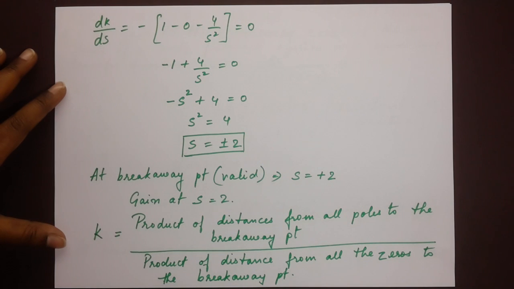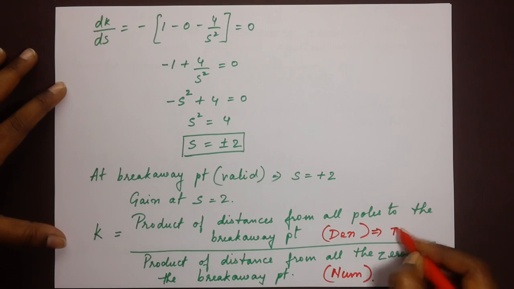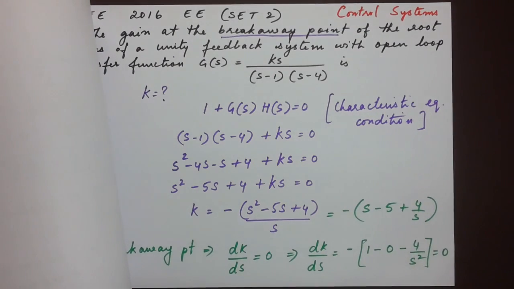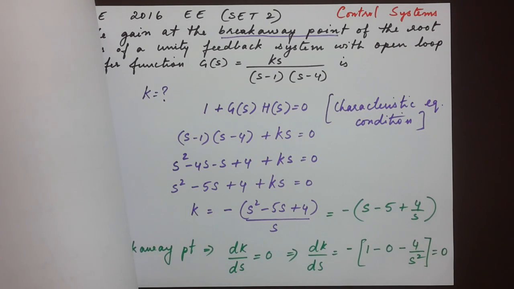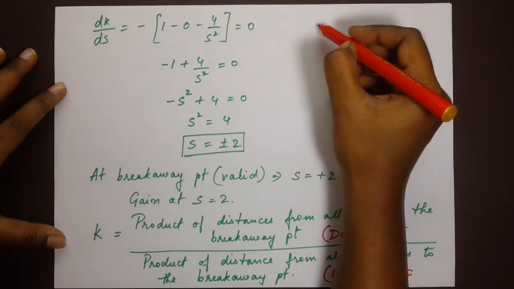Now, if you need a clue to remember this, the product of distances from all the zeros to the breakaway point corresponds to the numerator, and the poles correspond to the denominator, of the transfer function given to us. So, according to the question, look at the transfer function given to us, Ks divided by (s - 1)(s - 4).